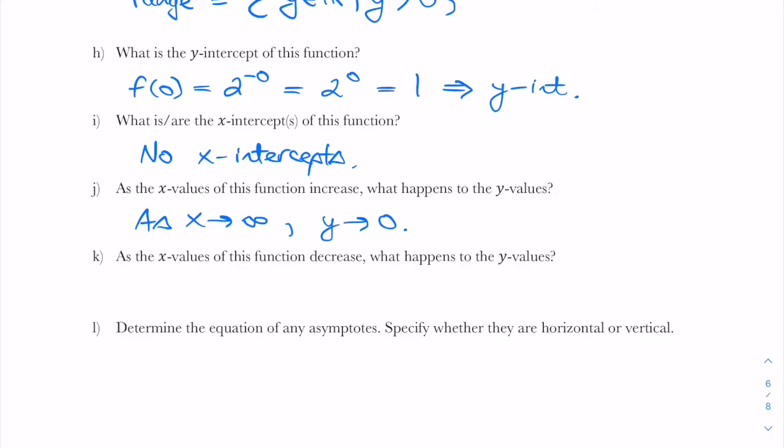Part K, what happens to the y values as the x values decrease? As x gets smaller and smaller or approaches negative infinity, the y values get larger and larger or approach positive infinity. Notice that the behavior is the opposite of the function in part 1.